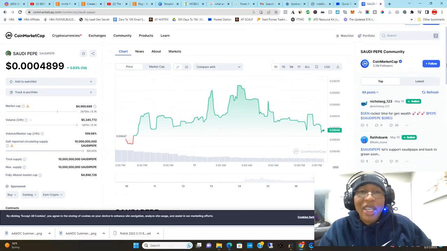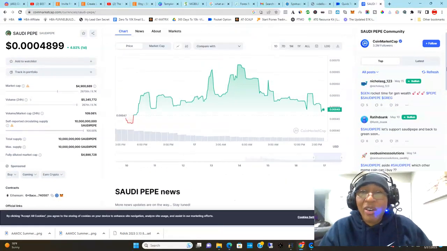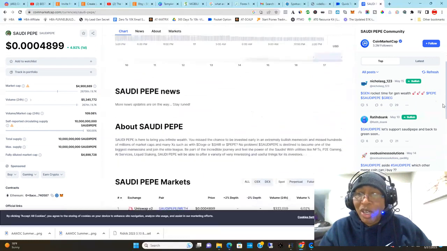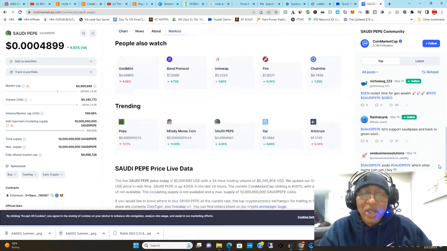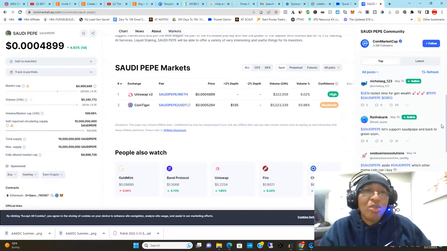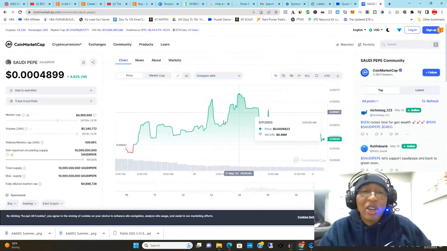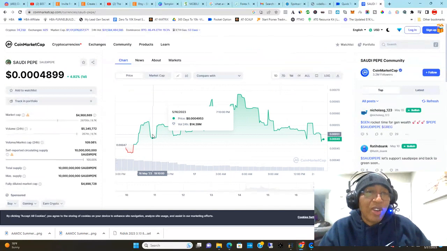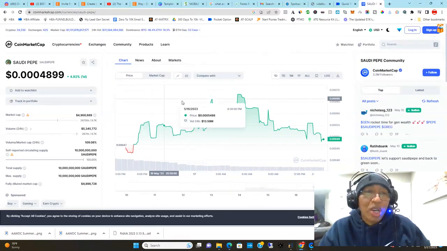But the next bull run, because we know in 2024 there's the halving of Bitcoin, that's probably going to create another bull run. So the best thing is to do what we call DCA, dollar cost averaging. Again, not financial advice here, but that could be probably a good strategy to adopt.